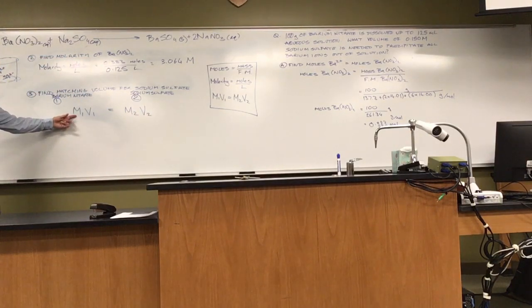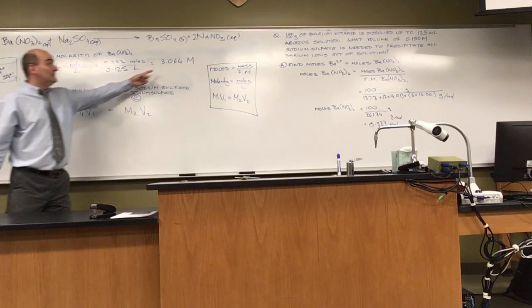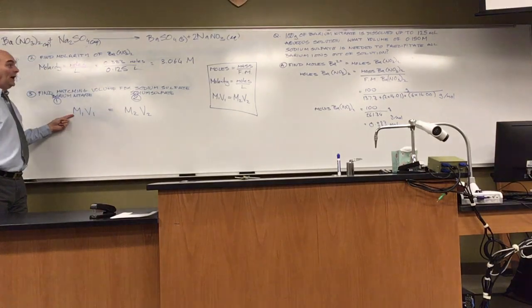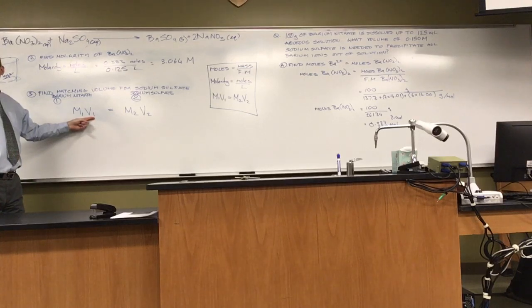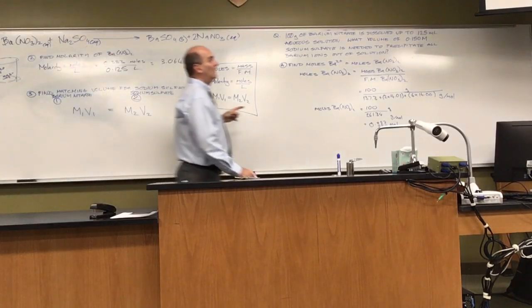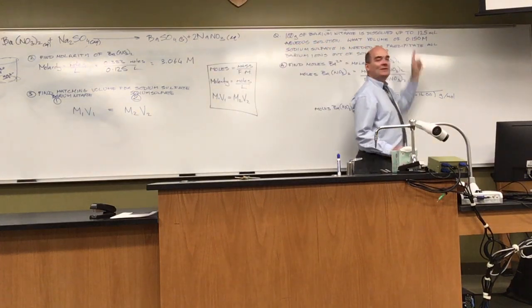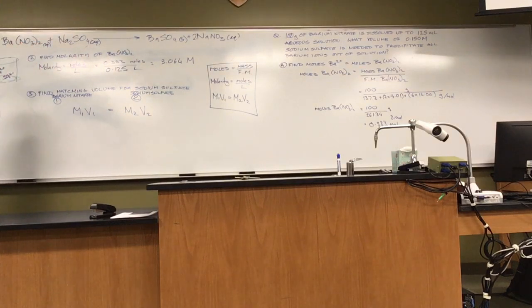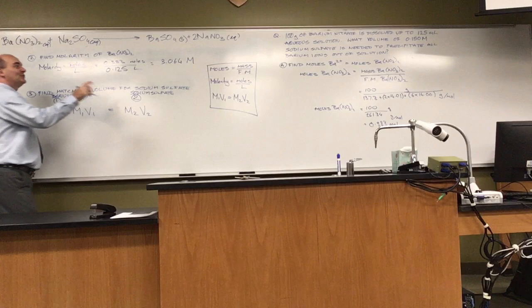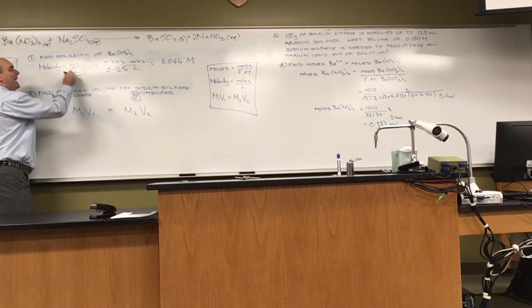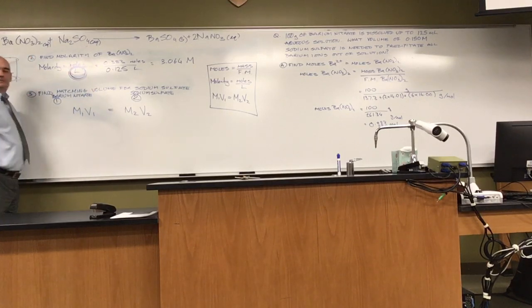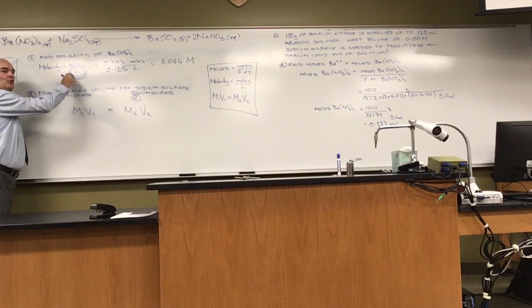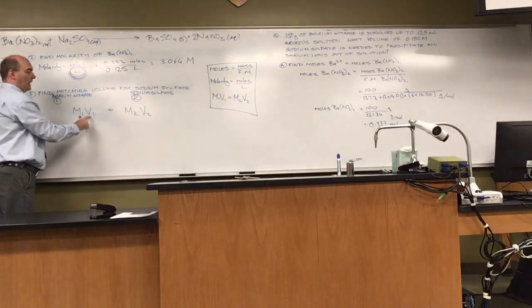I know the molarity of the barium nitrate. It's right there. I know the volume of the barium nitrate. It's in the question. Now it's in the question as milliliters, and I just changed that into liters, which I absolutely had to do because that number needs to be a liter.